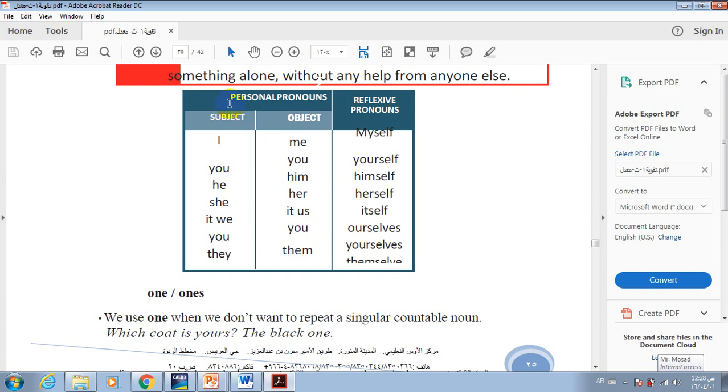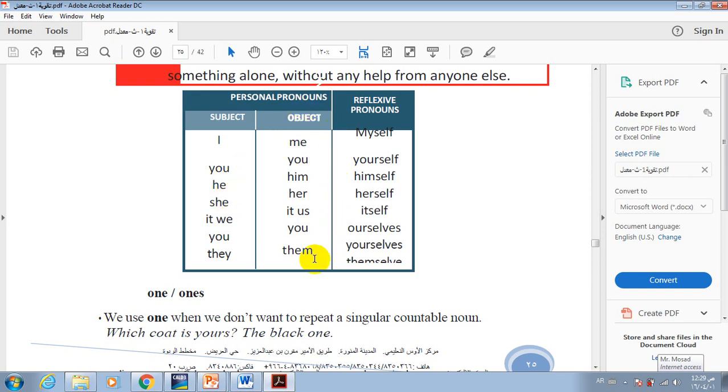Okay, as I told you before, they are subject pronouns, and they are object pronouns, and they are reflexive pronouns. We use subject pronouns when we want to start a sentence or statement, like some examples: I can swim, you can play tennis, he is reading.